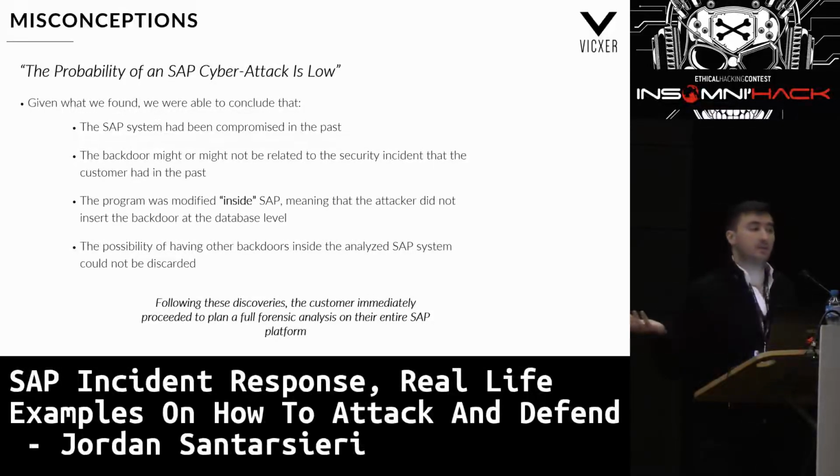We couldn't guarantee that there were no other backdoors. We were analyzing just one SAP system in a very limited set of time. So in these cases, and because of the missing logs, the customer didn't have any other alternative than to start the planning of SAP forensics over their entire SAP infrastructure to figure out how that backdoor got there.